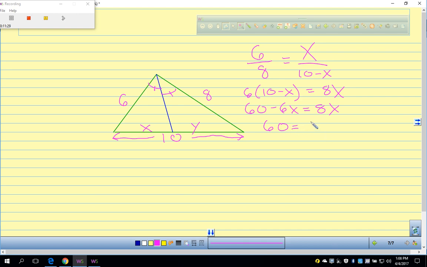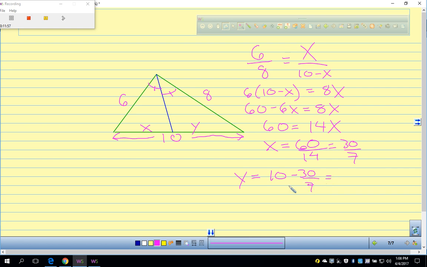Why do we always have to get such bad numbers? And x is equal to 60 divided by 14. What's that equal to? 30 divided by 7. I don't know what that is, okay? And y, therefore, is going to be 10 minus 30 over 7.